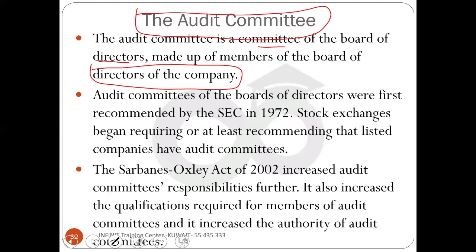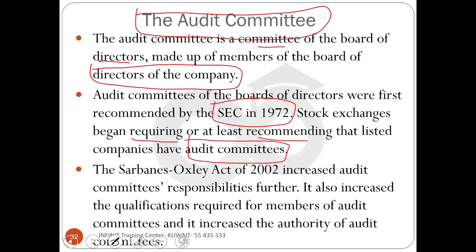And audit committees of the boards of directors were first recommended by SEC in 1972. It was recommended by Securities and Exchange Commission in 1972. Then stock exchanges began requiring or at least recommending that listed companies should have an audit committee.